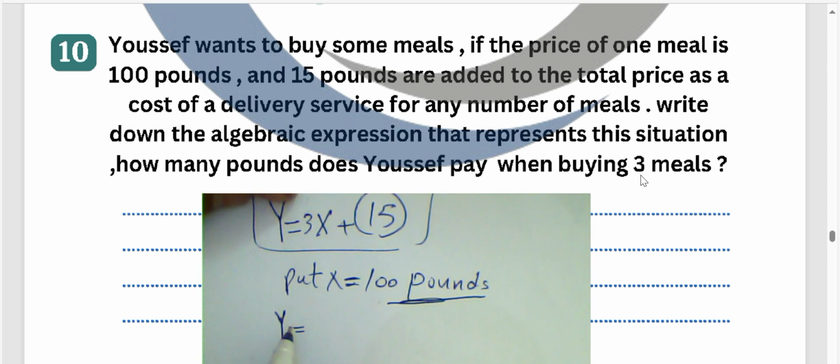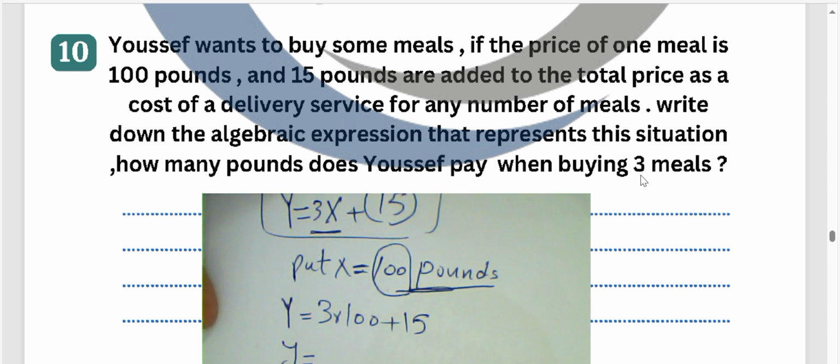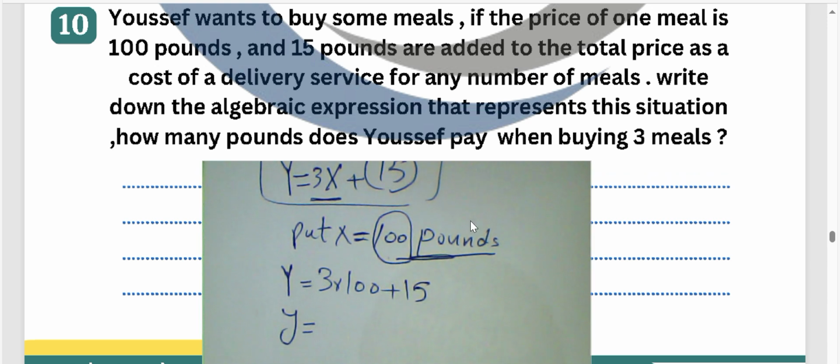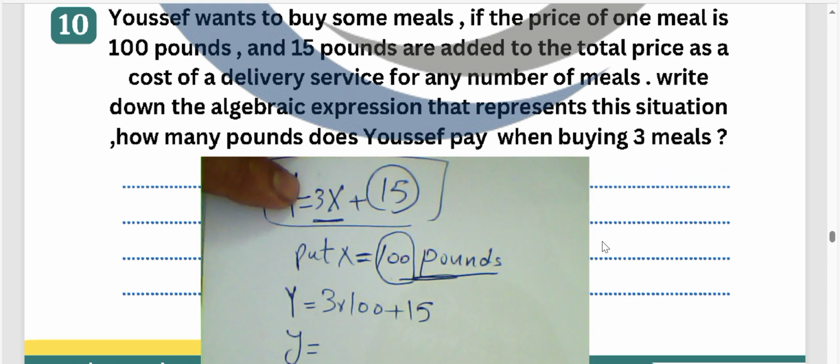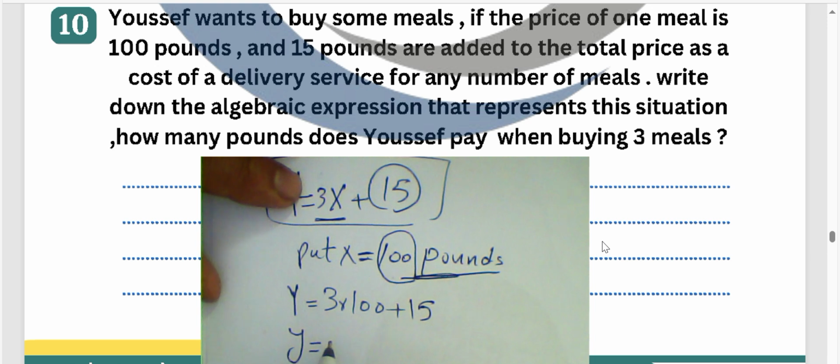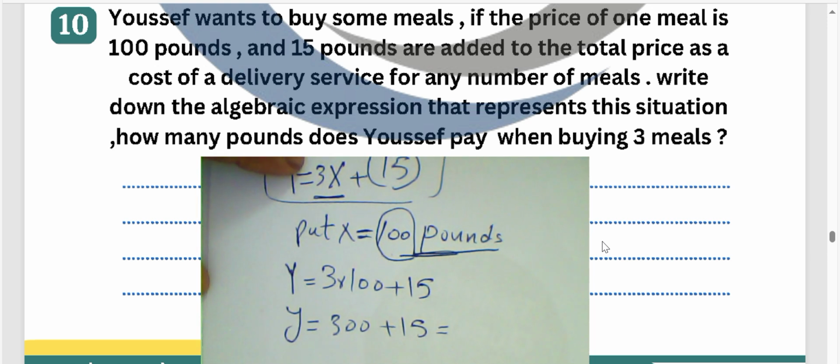It means 100 times the value of x, 3. 100 times 3 plus 15. 3 times 100, 300, plus 15. Then the total will be 315 pounds.